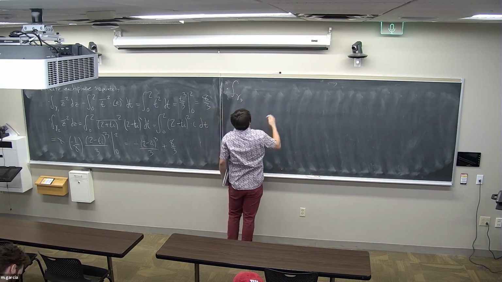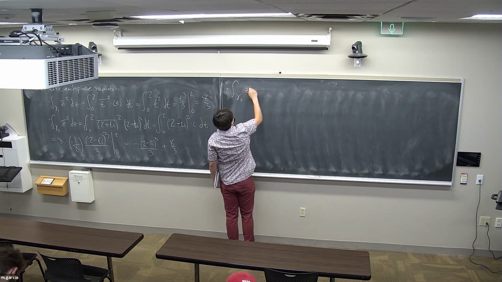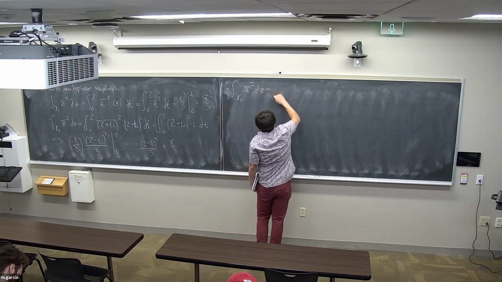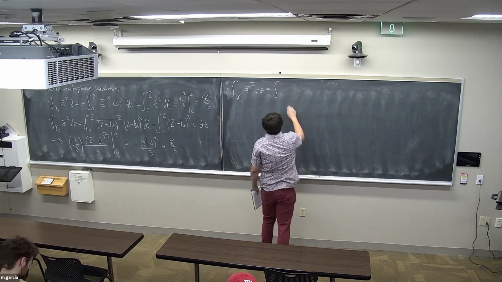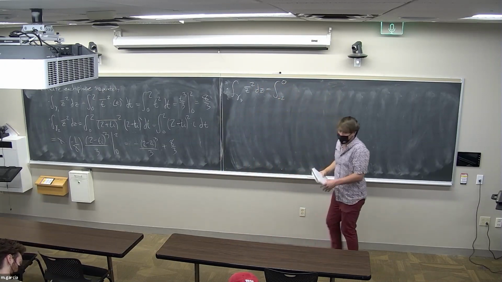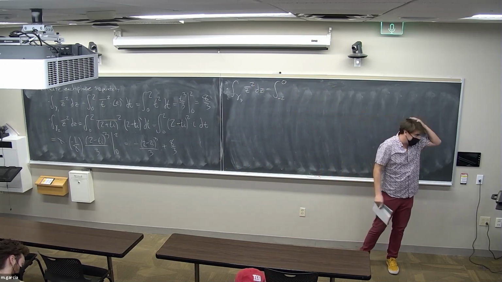The integral along gamma 3 of z bar squared dz is equal to the integral from negative 2 to 0. Remember, I just erased that my domain of parameterization for gamma 3 was negative 2 to 0.